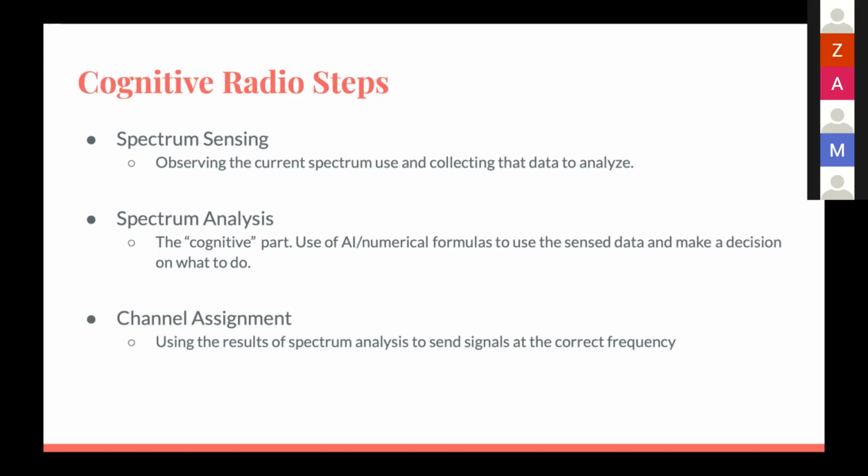You'll use the data from the spectrum sensing and then run it through some numerical formula or artificial intelligence formula to figure out what you're going to do. And then finally, you have channel assignment, where you use the result from that analysis and you act on it and you use that channel.